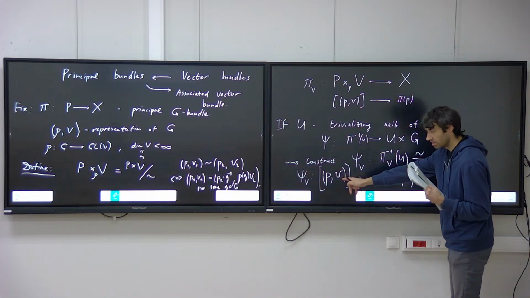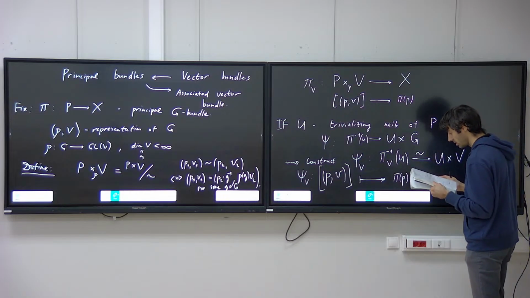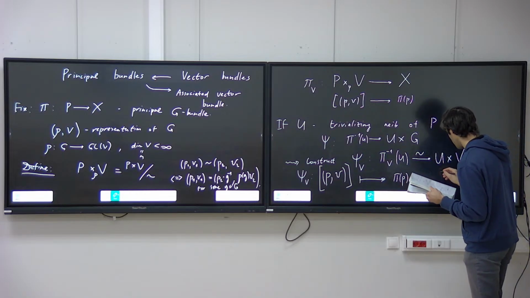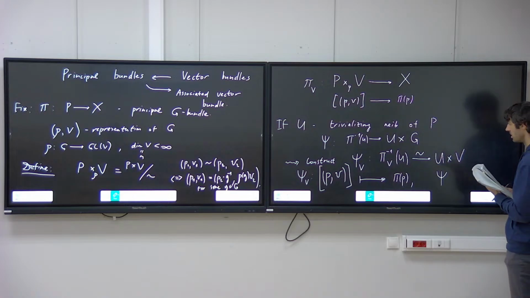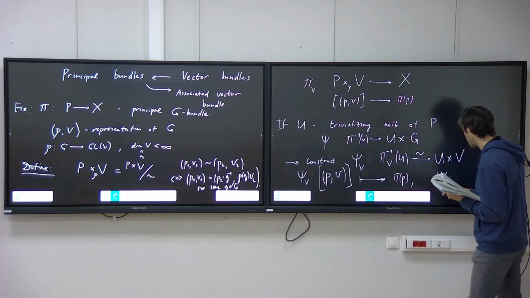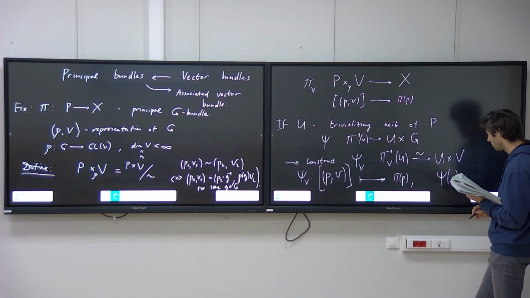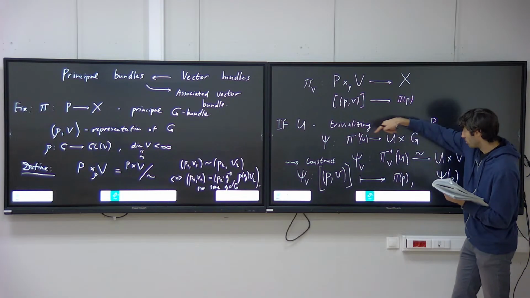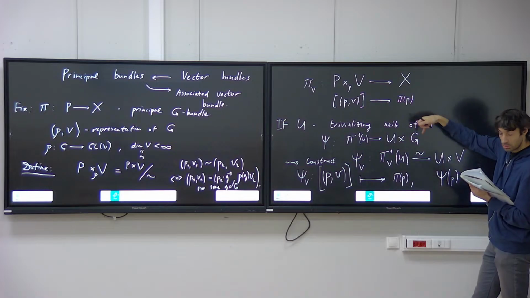So I already have this v here, right? But I'm not taking it here. I rather need the following. So I use psi, this map, and p lives inside pi inverse of U, right? So I take psi, consider its value at p, so the value brings me here, and then I can project to the second component and get an element of a group.